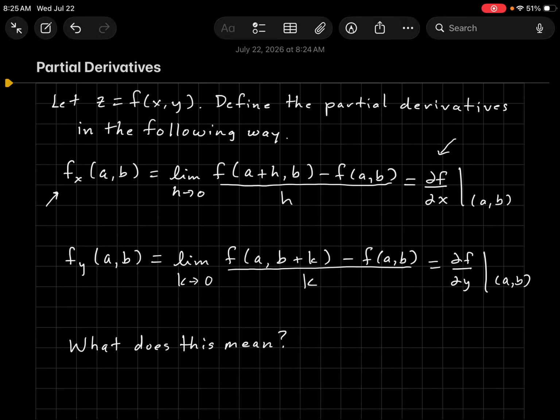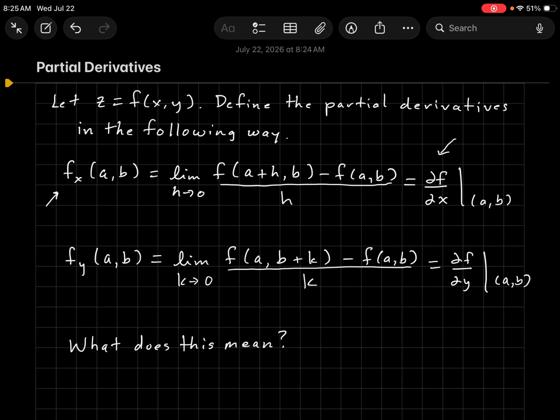Similarly, the partial derivative with respect to y is the limit as k goes to 0 of f of a comma b plus k minus f of a comma b all over k. Now, what's really going on here? Hopefully you recognize these definitions of the derivative, just like there were in single variable calculus, with a little bit of an exception.